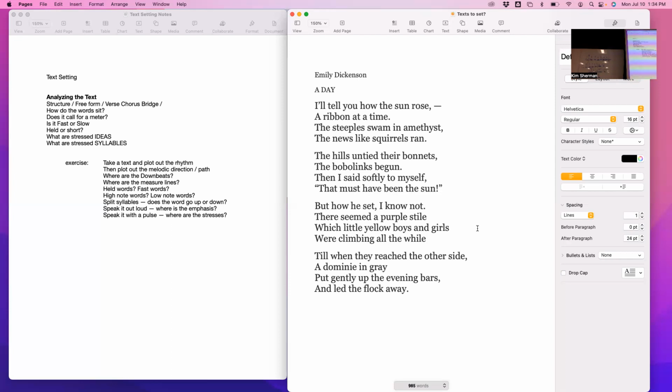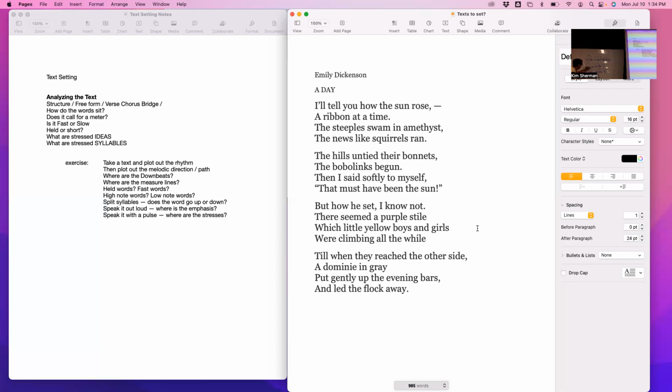This is composing, collaborating. We analyzed this text and asked, okay, what words do we want to be on strong beats? I'm gonna underline these things again.